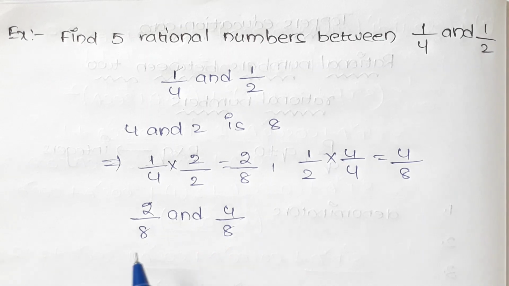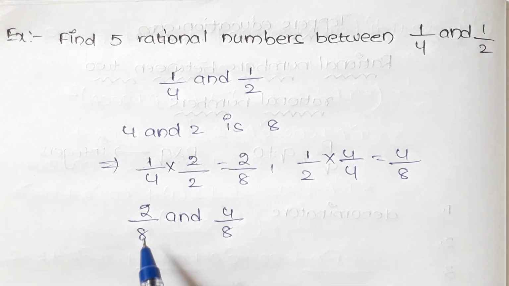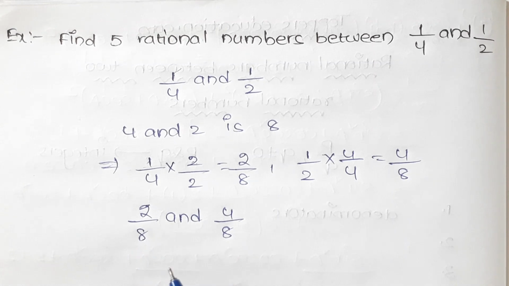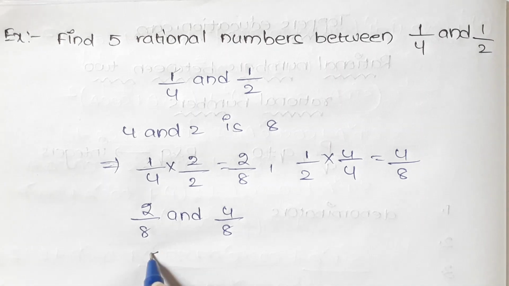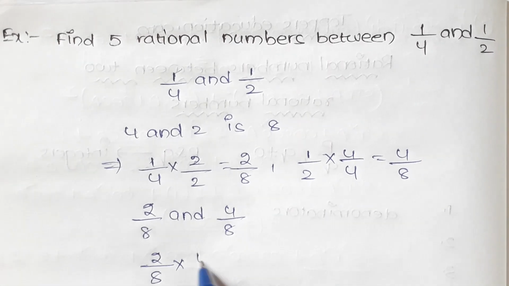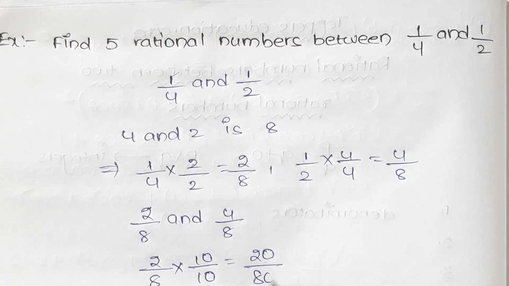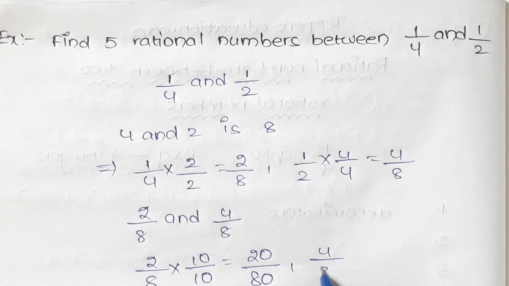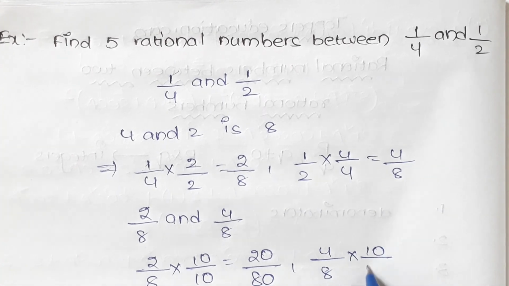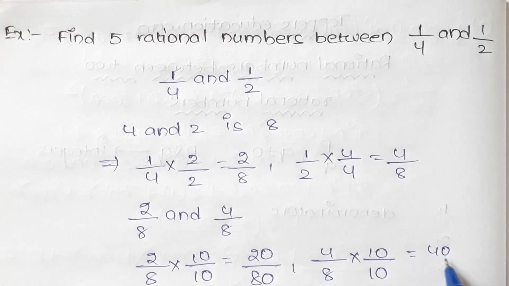In order to find the rational numbers, we should multiply and divide both the numerator and denominator with 10. That is 2 by 8 into 10 by 10, which is 20 by 80, and 4 by 8 into 10 by 10 is 40 by 80.